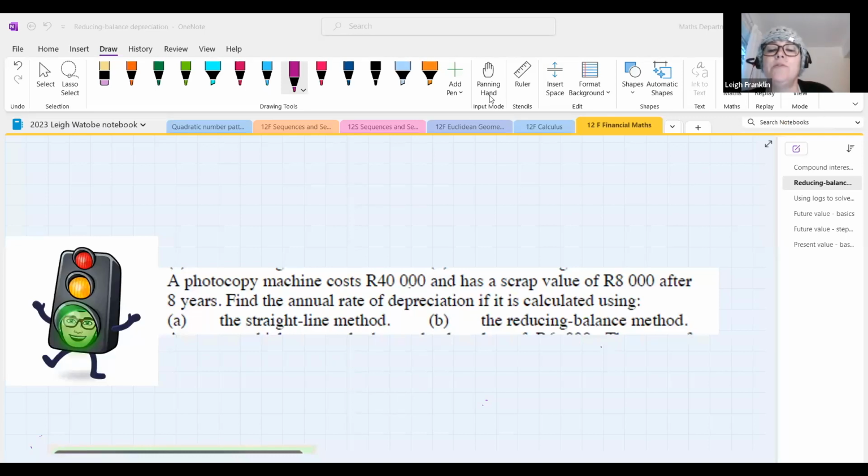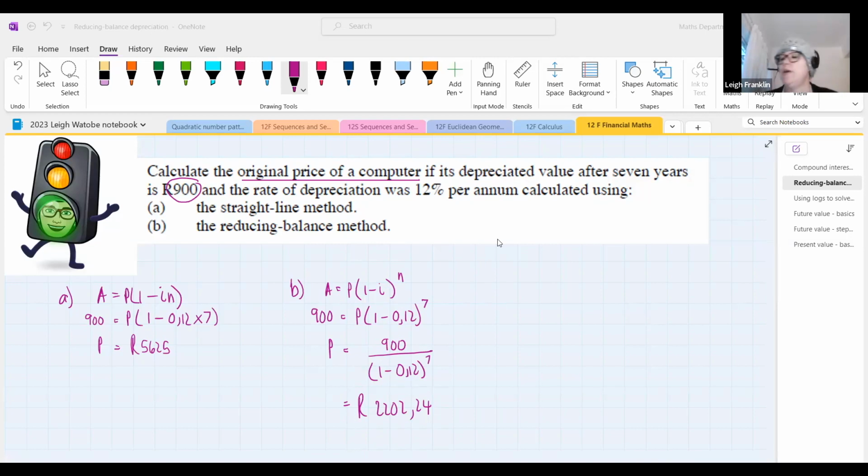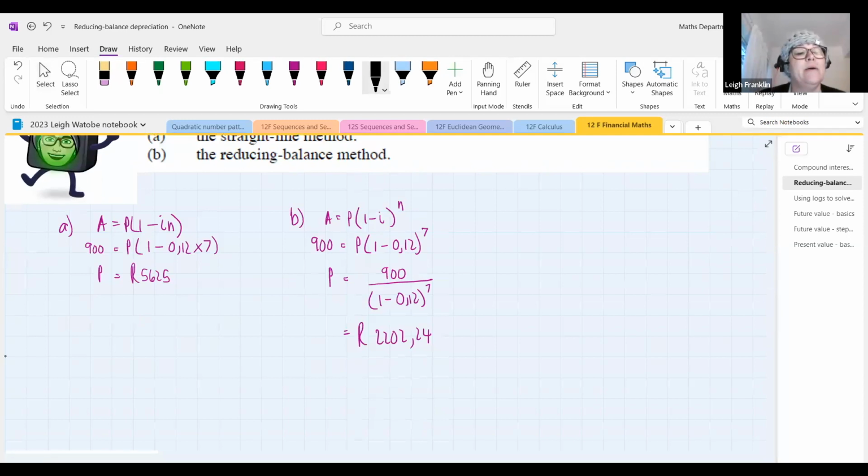When you ask why the original prices differ, that's because the method of depreciation is different. When we are talking about A, we are talking about straight line depreciation. So in other words, if these are your axes, your asset is depreciating like that.